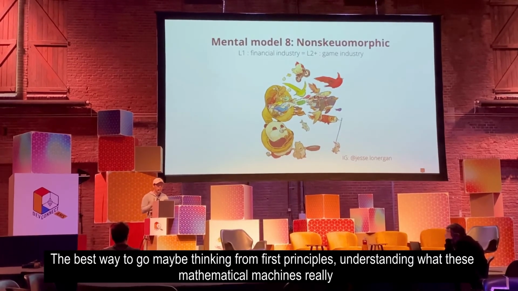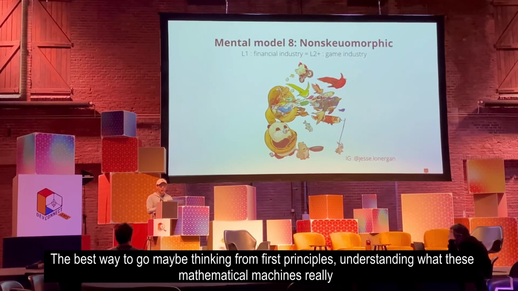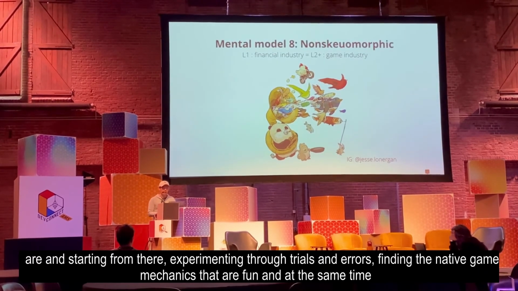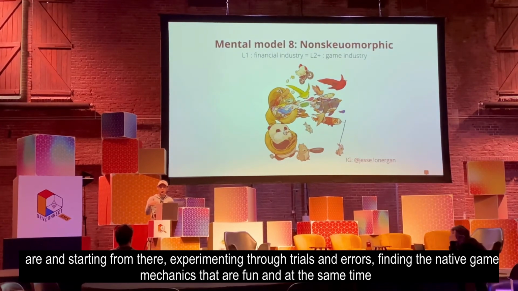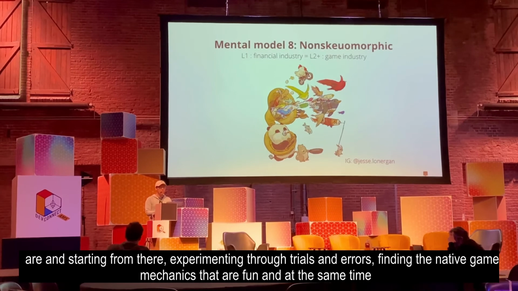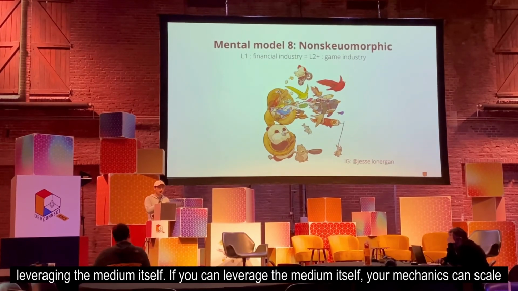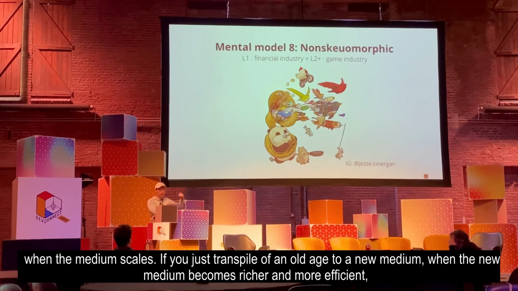The best way to go may be thinking from first principles, understanding what these mathematical machines really are, and starting from there, experimenting through trial and error, finding the native game mechanics that are fun and at the same time leverage the medium itself. And if you can leverage the medium itself, your mechanics can scale when the medium scales, right?